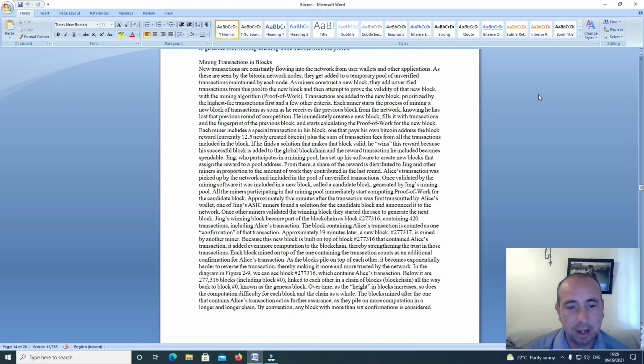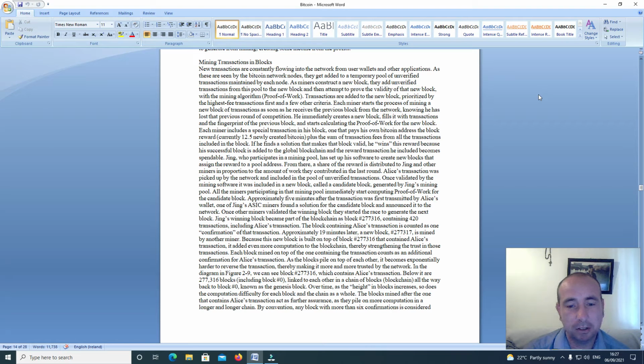Each miner includes a special transaction in his block, one that pays his own Bitcoin address the reward: currently 12.5 newly created Bitcoin plus the sum of transaction fees from all the transactions included in the block. If he finds a solution that makes that block valid, he wins this reward because his successful block is added to the global blockchain and the reward transaction he included becomes spendable.